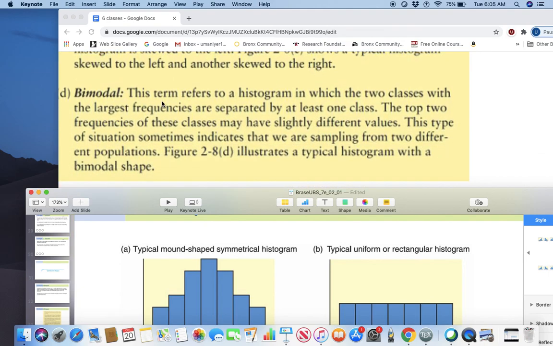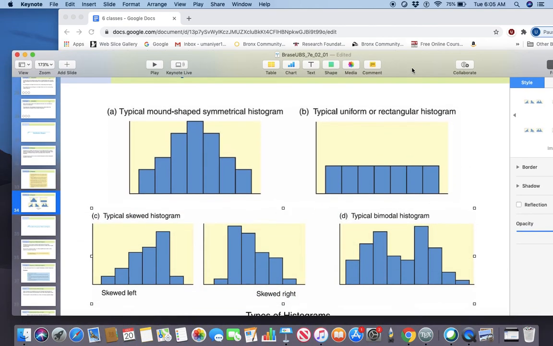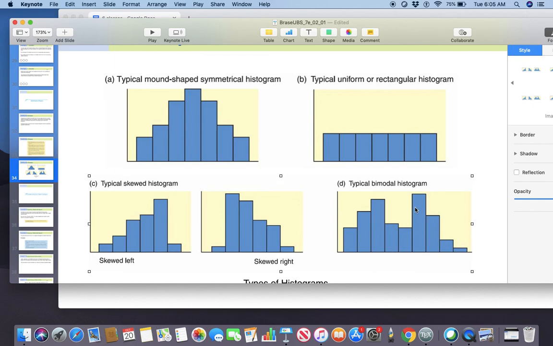Now, bimodal. Bimodal refers to a histogram in which the two classes with the largest frequencies are separated by at least one class. The top two frequencies of these classes may have slightly different values. This type of situation sometimes indicates that we are sampling from two different populations. So here is an example of bimodal.